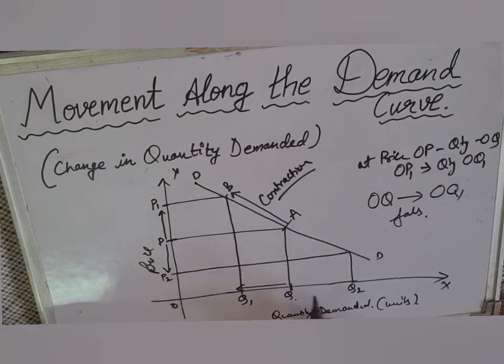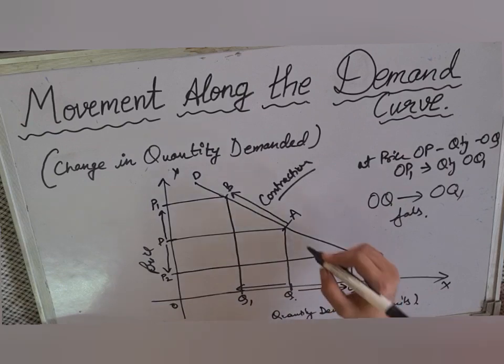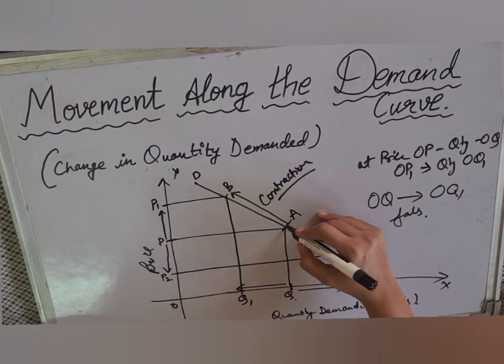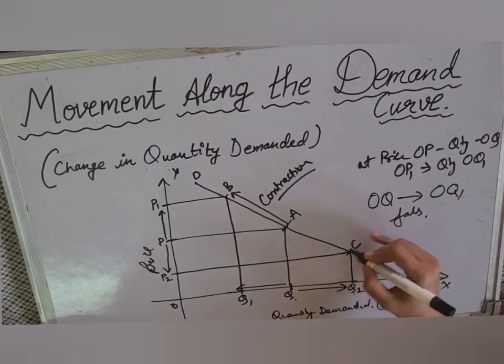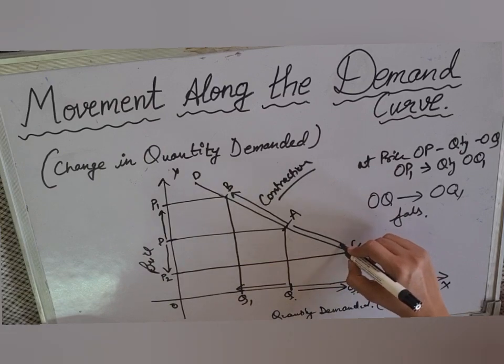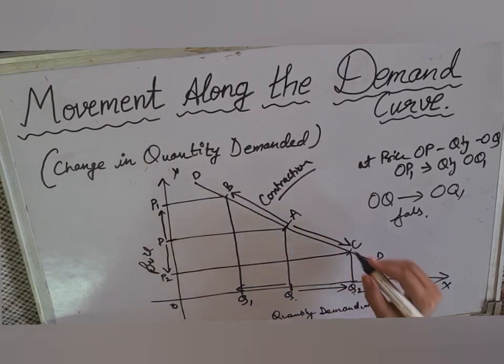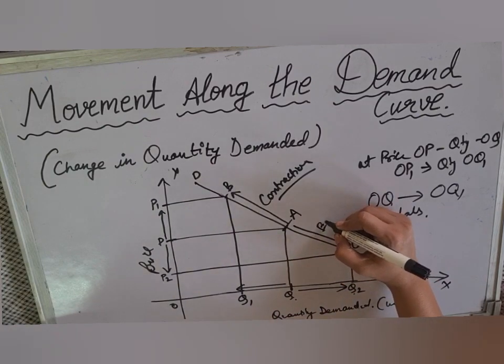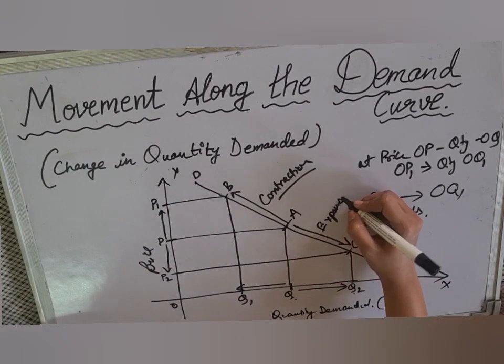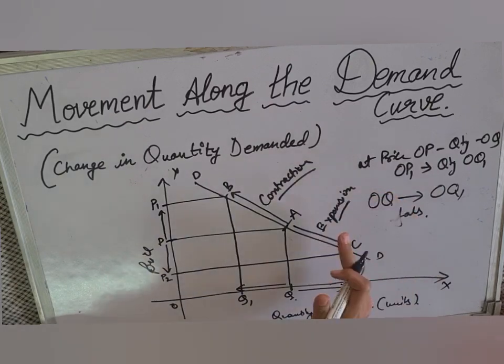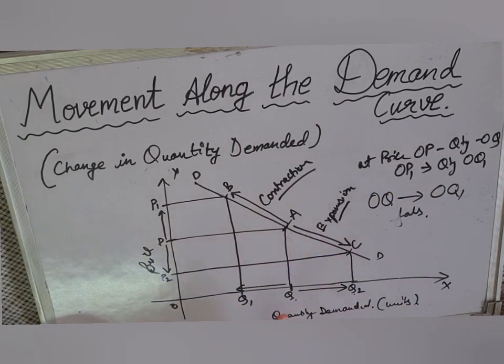When the price falls, the quantity demanded increases from Q to Q2 and this point shifts from A to C. So it is the movement downward from A to C. This is called the expansion in demand, because the quantity demanded increases.